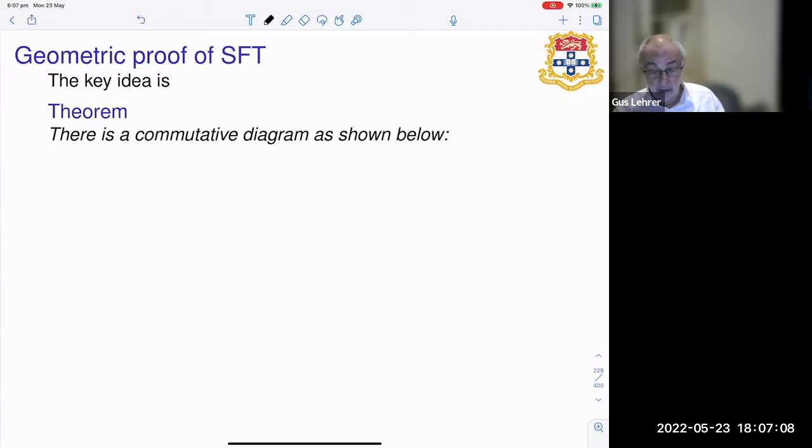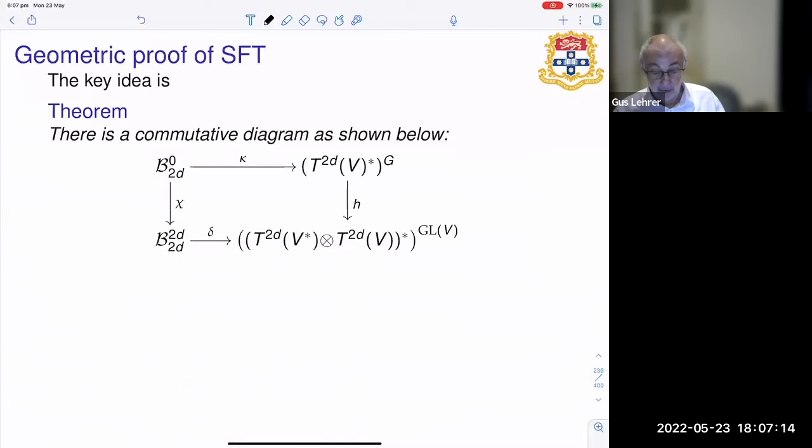The key idea in this geometric proof of the second fundamental theorem is that there's a commutative diagram, as we show here. We've seen most of these maps before. Delta we just saw, kappa we just saw.